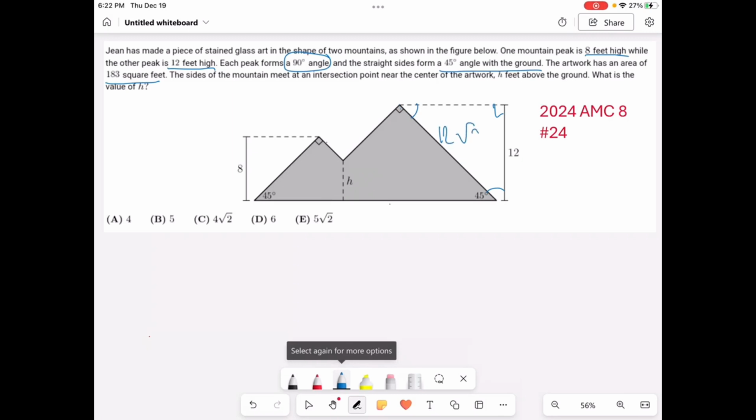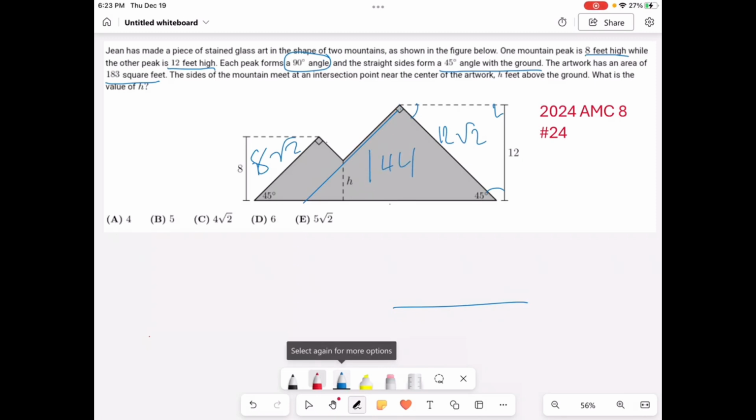Same thing for this triangle over here, 8 square root 2, because the height is 8. Then what's the area of this triangle? Well, that's just going to be 12 square root 2 times 12 square root 2 over 2. And square root of 2 squared is just 2, so the 2 and the 2 under cancel. That leaves us with 12 times 12, which is 144. So this area is going to be 144.